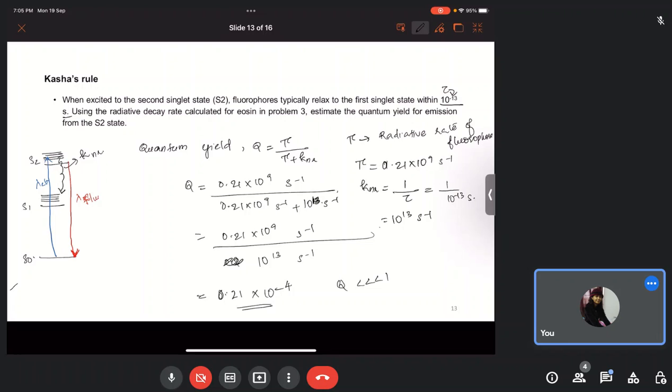So that's all I'm going to explain today about the fluorescence spectroscopy part of the course. In the next problem solving session, we'll have discussions about FRET, fluorescence quenching, and things like that.